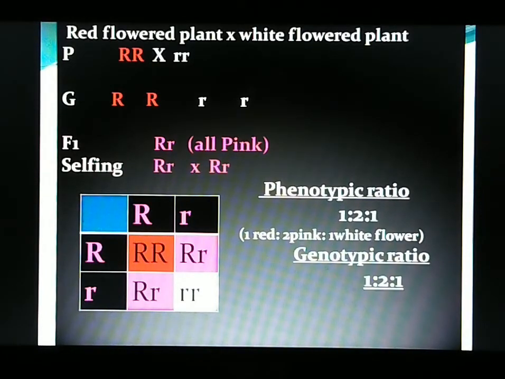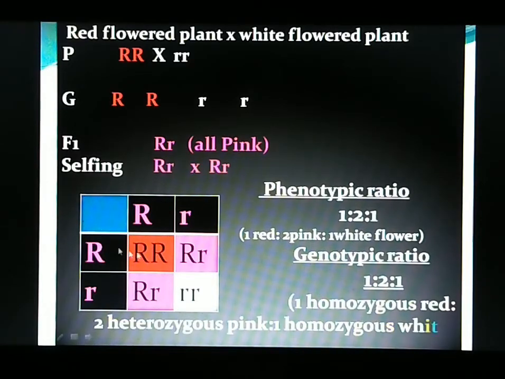So genotypic ratio is also here 1:2:1, indicating one homozygous red, two heterozygous pink and one homozygous white. So we see here the phenotypic ratio has completely deviated from that of Mendelian ratio, which was 3:1, whereas here we see phenotypic ratio is 1:2:1, just because the heterozygous plants don't resemble any of the parent.